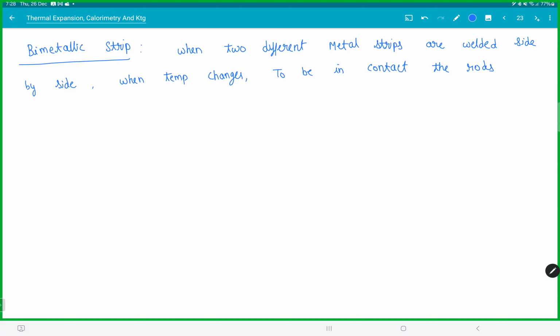What do you mean by this? For example, this is what you do. You take two strips, let's say one copper and one iron, and you weld them.